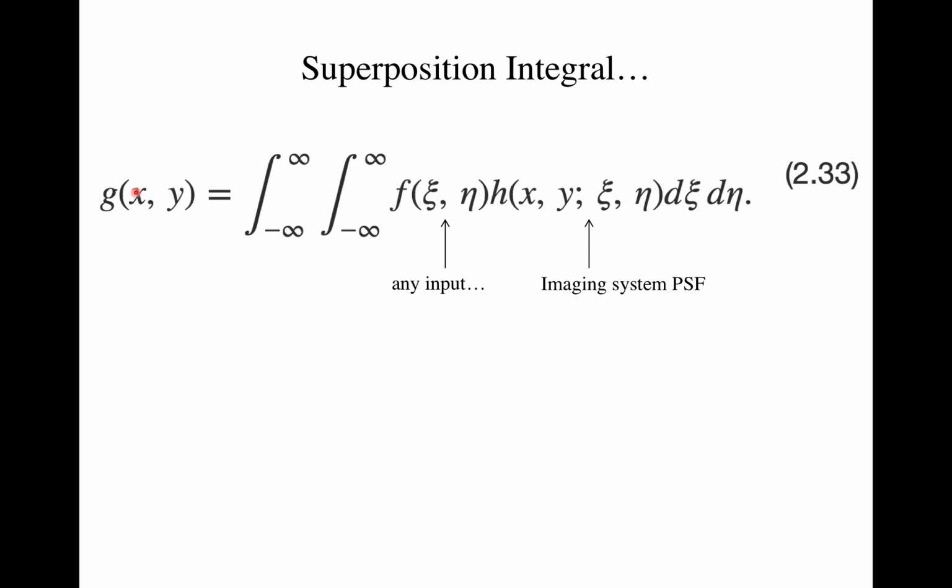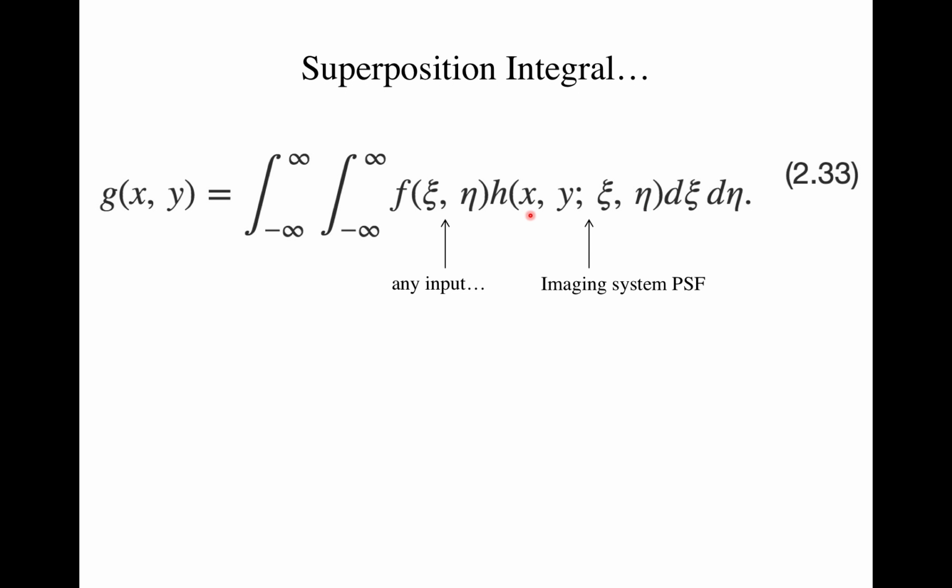The value at a single pixel XY is proportional to the integral over the entire object times this point spread function, right? So if there's blur, that means a dot on my resulting picture is composed of signal coming from space around that dot. And that's described in this equation.